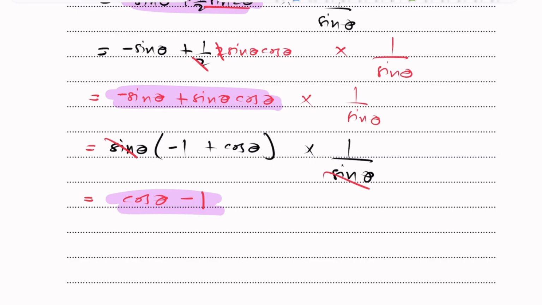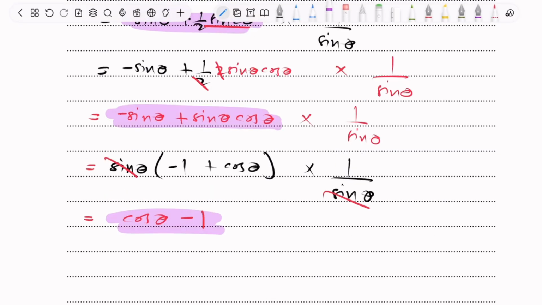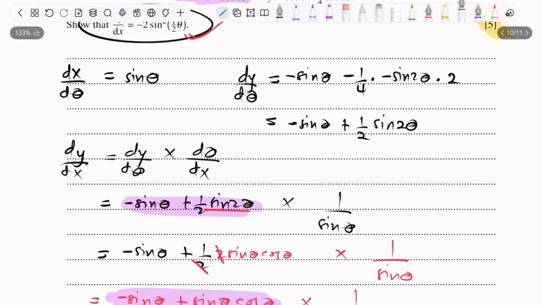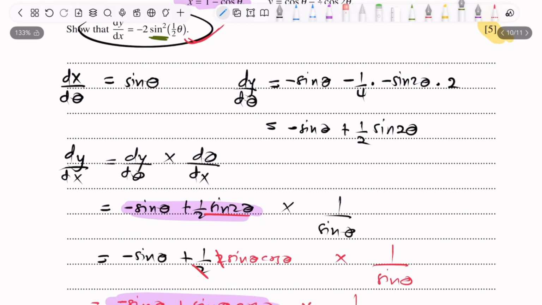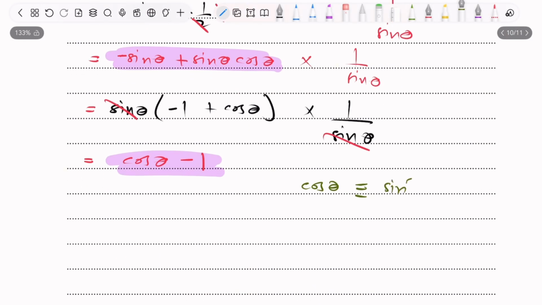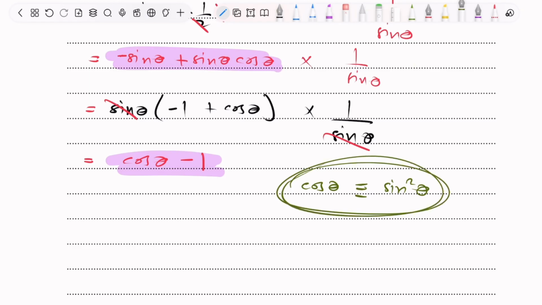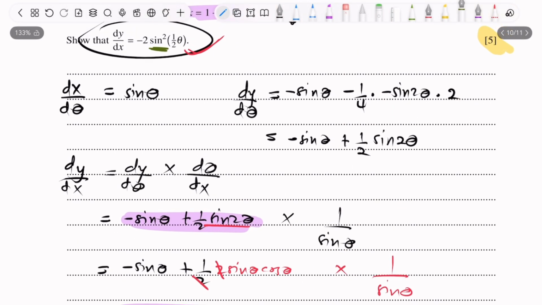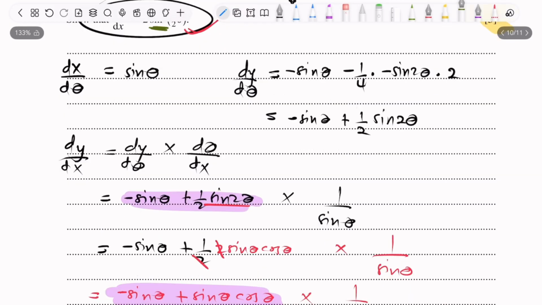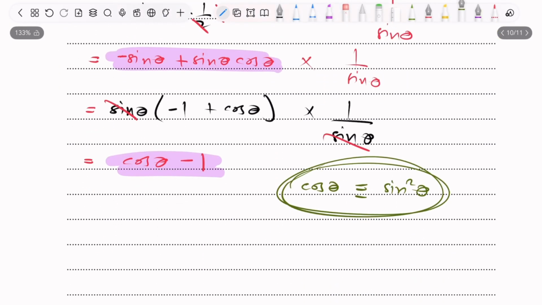But before we visit the MF19, remember this is the connection we are looking for: a connection between cos θ and sine squared θ, because this is where we are, and we want to prove that we get negative 2 sine squared of half θ. So if we go into the MF19, we are looking for a link between cos θ and sine squared θ.